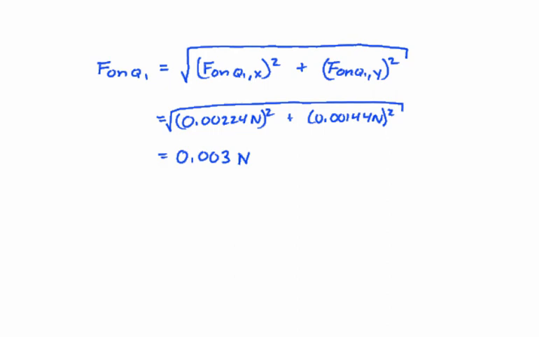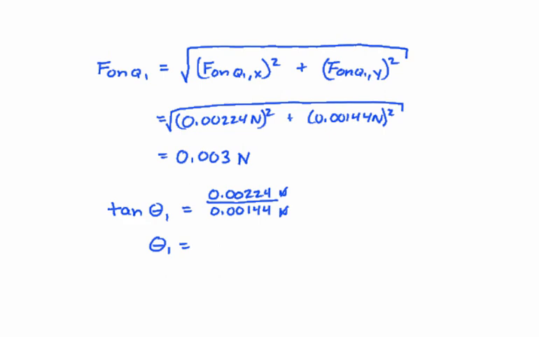At this point, we don't know what direction though, so we need to go through and look at what angle this is going to be. So we'll go back to our tangent. The tangent of the angle between from the positive x direction up to wherever this force is. It's going to be the ratio of these two, of the x and y vector components of the force. Just like you've done before.